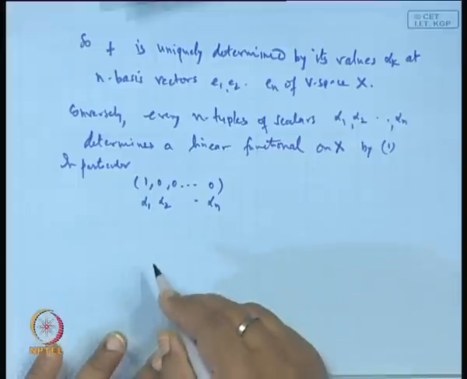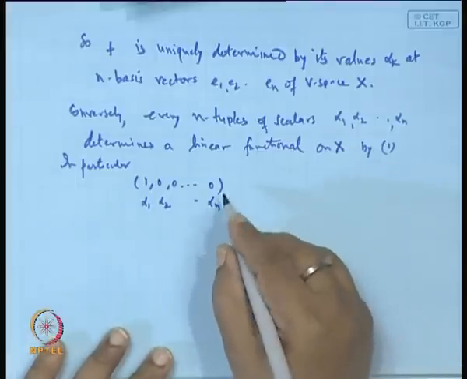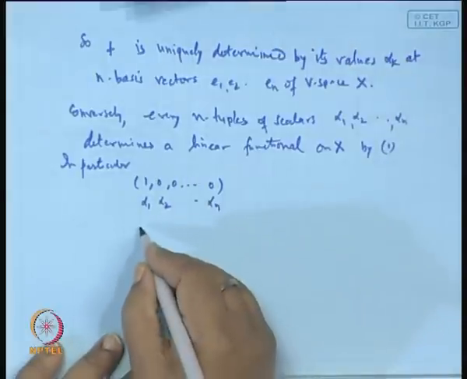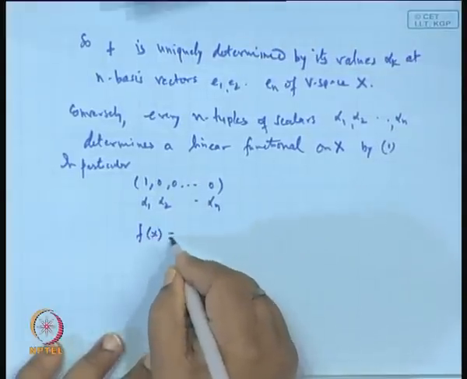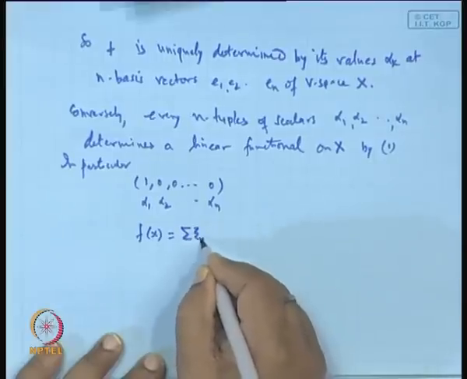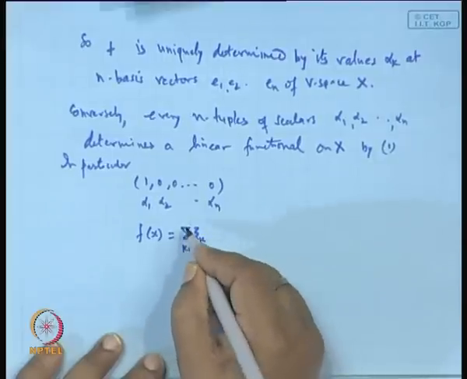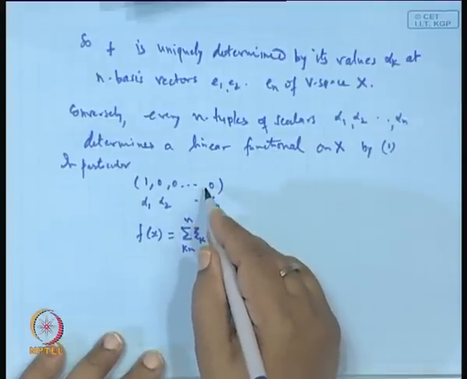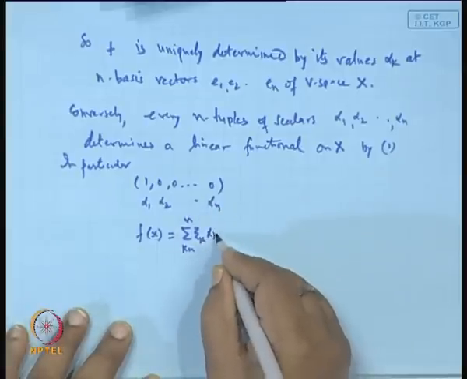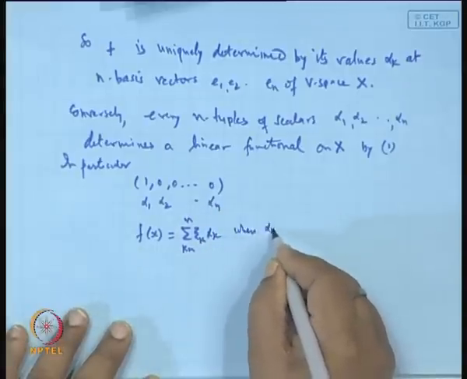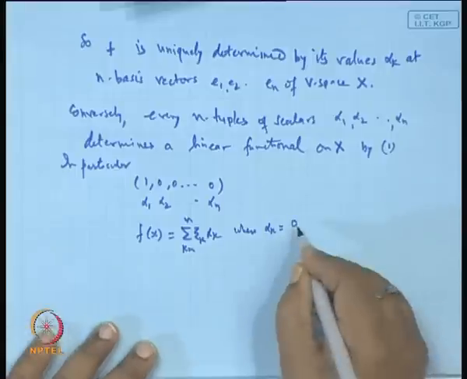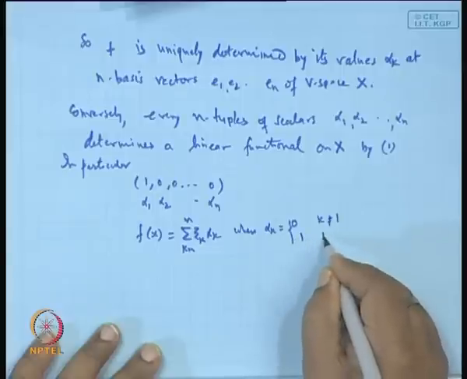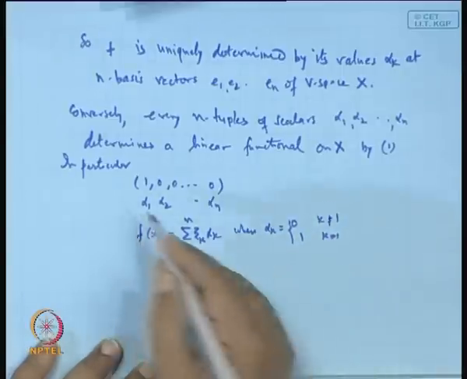Then what will be our f of x? f of x becomes sigma xi k alpha k, k equal to 1 to n, where alpha k is 0 when k is not equal to 1, and 1 when k is equal to 1 in this case.